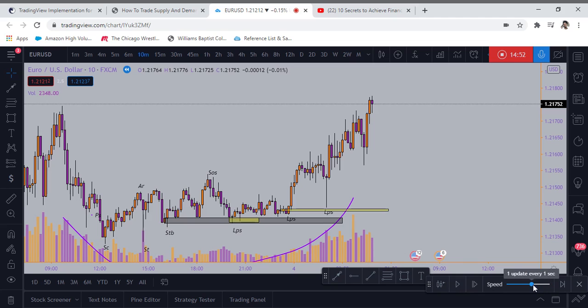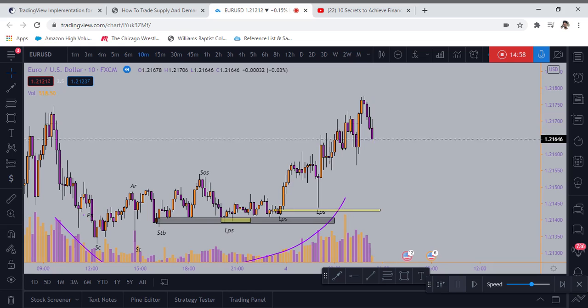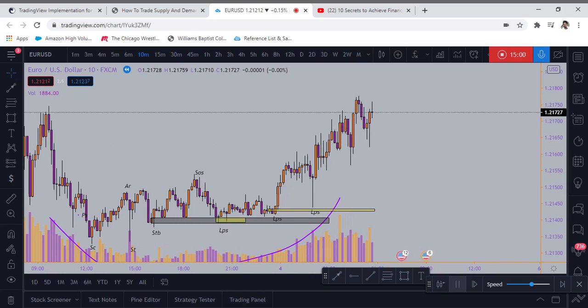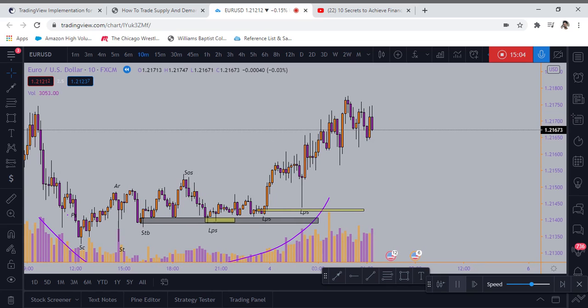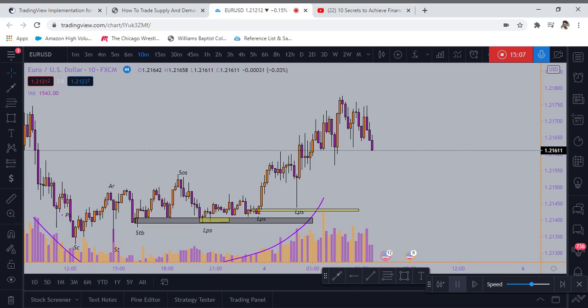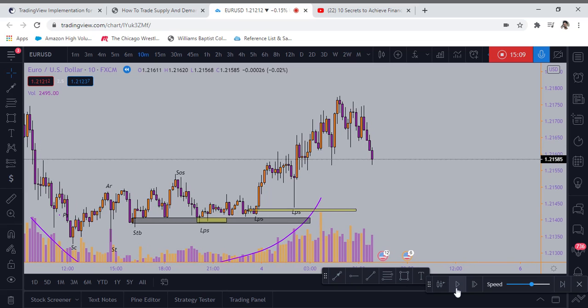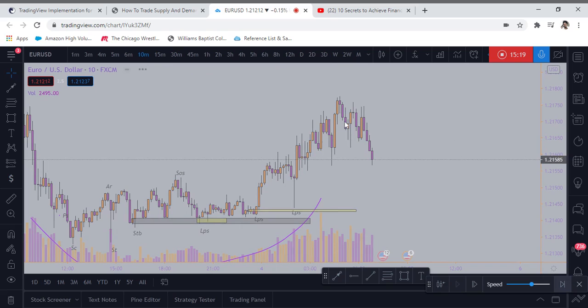Since you playing it, boom, now you got a rounded bottom. So distribution is clearly happening here. Say for instance, just rewind if you want to.